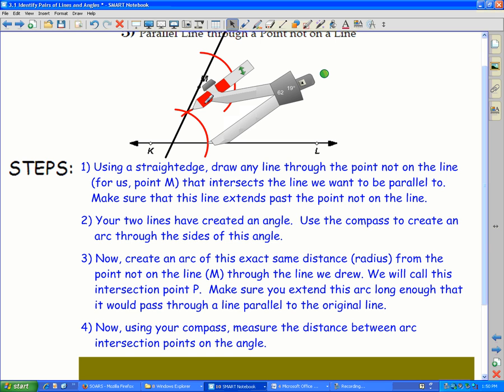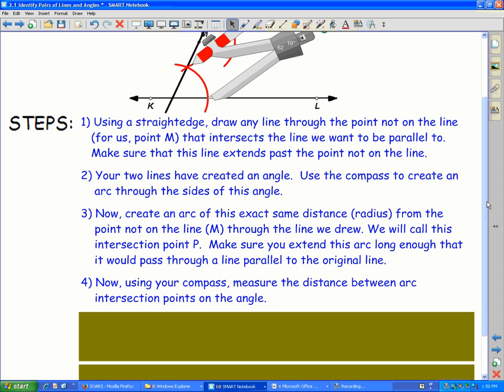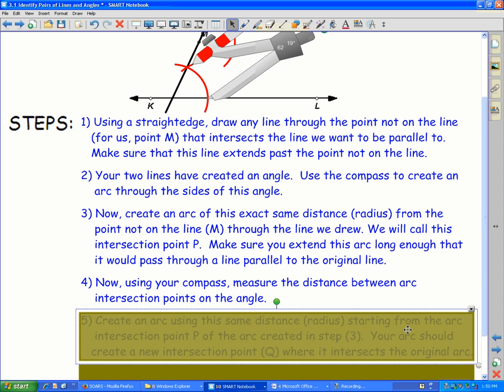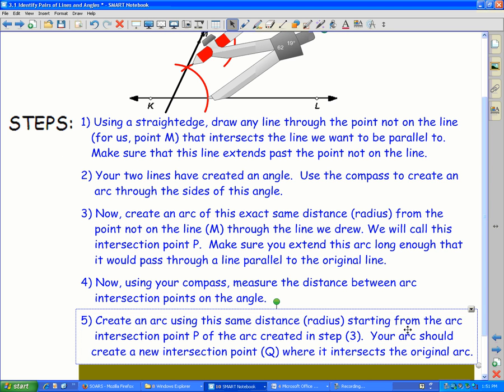So now I know this distance, and the very next step, I'm going to take that distance, and I'm going to go up to the arc that I created. The arc above only has one intersection point, but I'm going to put the compass point on that intersection point and then arc another intersection point through the arc. And so that would look kind of like this. Here we go.